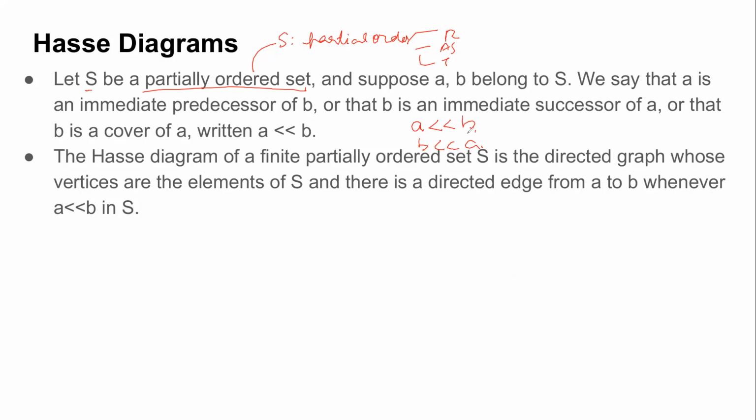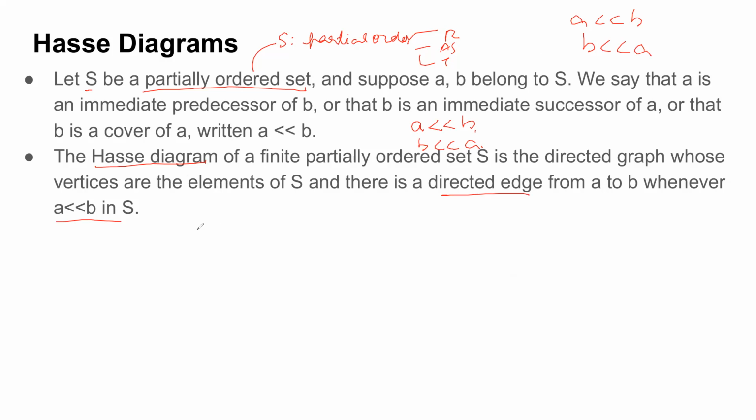In general, whenever we have to pictorially represent this relation, A is covered by B or B is covered by A, such representations are done using something called a Hasse diagram. What is a Hasse diagram? A Hasse diagram is a kind of directed graph of a partially ordered set, wherein you draw an edge whenever two elements are related via this relation.